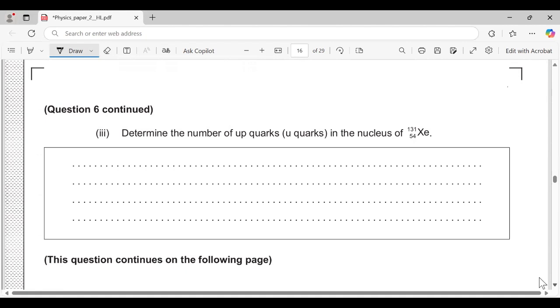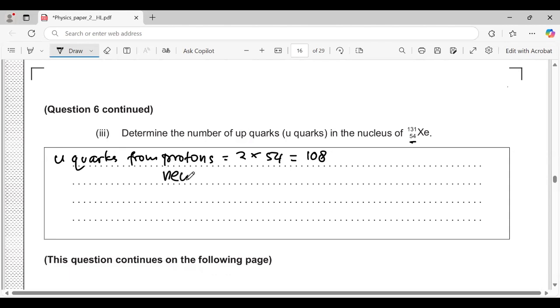Part 3. Determine the number of up quarks in a nucleus of xenon-131. Up quarks from protons equal 2 times 54, which is 108. 54 because xenon-131 has 54 protons, and 77 neutrons, 77 because 131 minus 54.